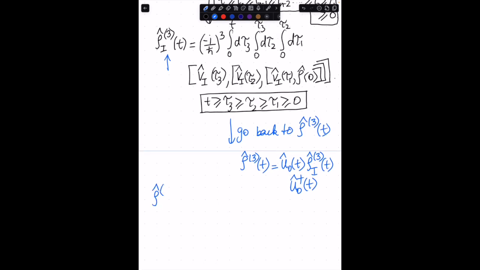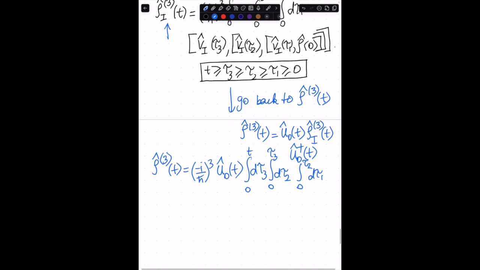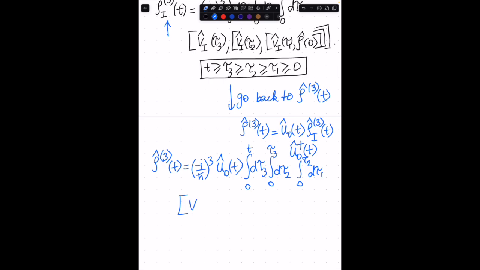So I can construct the third order density operator term as such: minus i over h bar cubed, you put in U hat 0 t, and then the triple integral 0 to t d tau 3, 0 to tau 3 d tau 2, 0 to tau 2 d tau 1, and then the nested commutator V_I(tau 3), V_I(tau 2), V_I(tau 1) with rho 0.